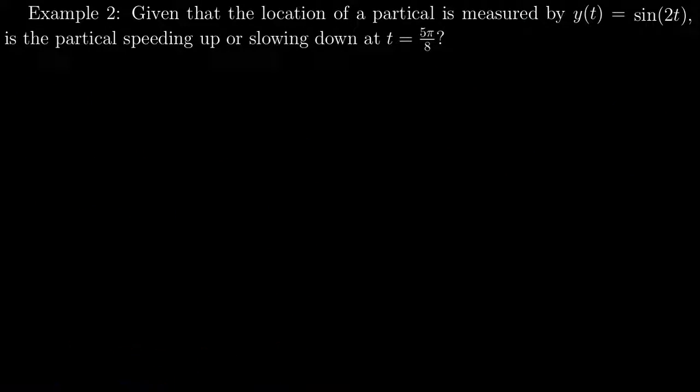Here's an example. So I'm given the location y of t, so sort of a height, is equal to sine of 2t, and I want to know is the particle speeding up or slowing down at t equals 5 pi over 8. So here's what we do. We find the velocity, which is going to be the derivative of this. Derivative of that is cosine of 2t times 2, and I evaluate this at 5 pi over 8.